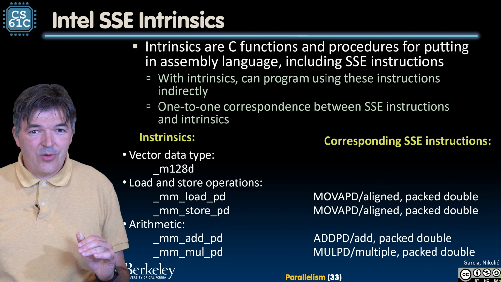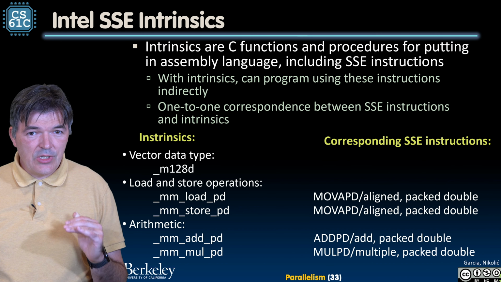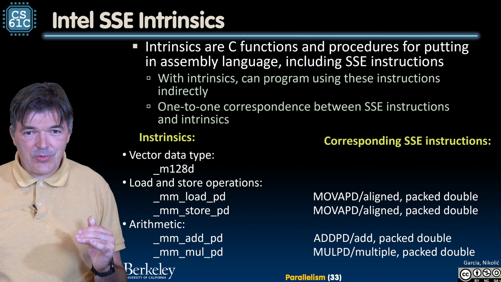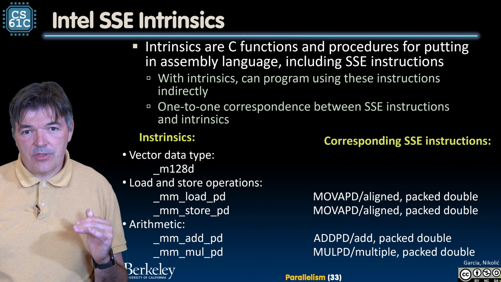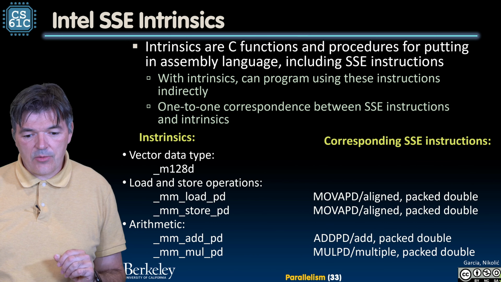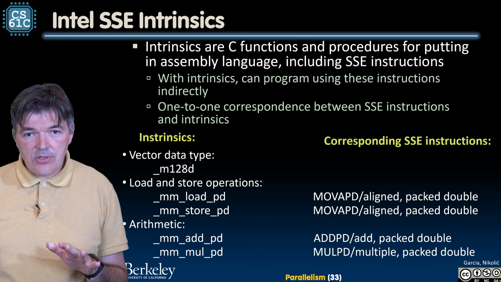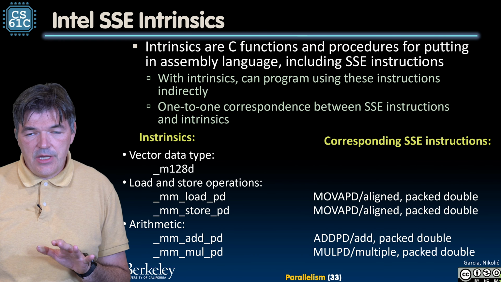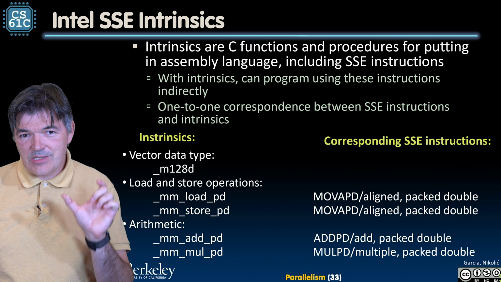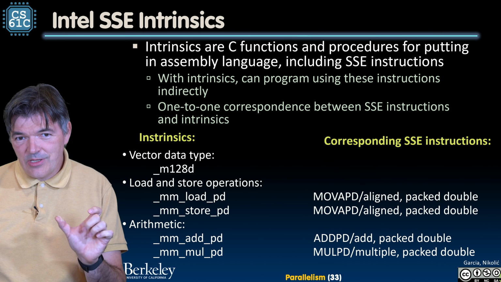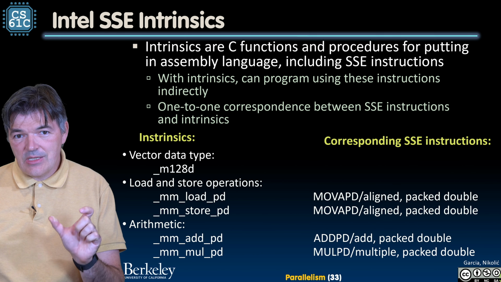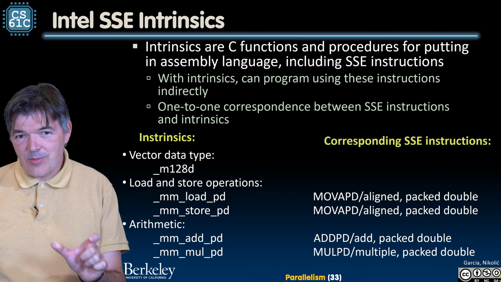A common way people do this when they want to really get the ultimate performance is to use so-called intrinsics in the C programming language. Intrinsics are C functions that essentially replace that one intrinsic command with an assembly instruction.